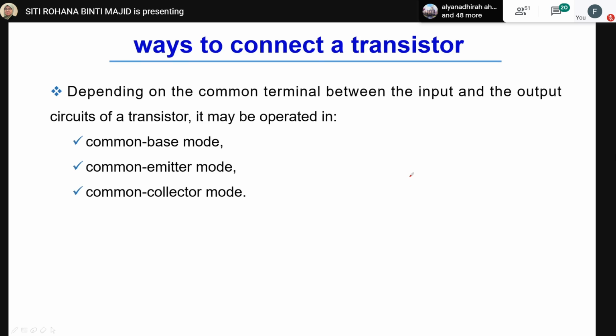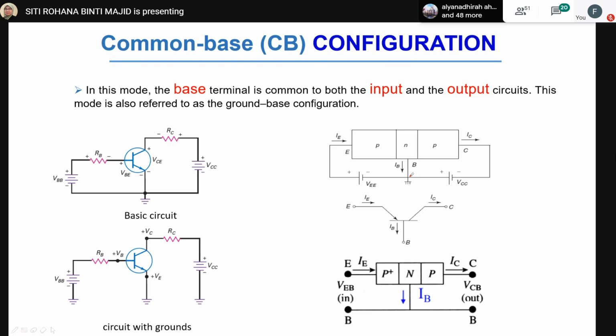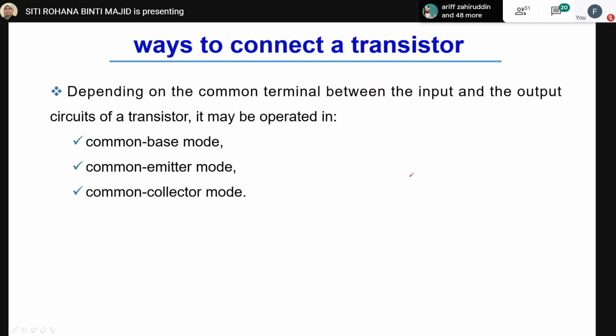So what is the meaning of common base? I give you one clue: when they say common base, that means the base is common for the input and for the output. In other words, the base becomes a reference terminal to measure the voltage out from the output and the input.